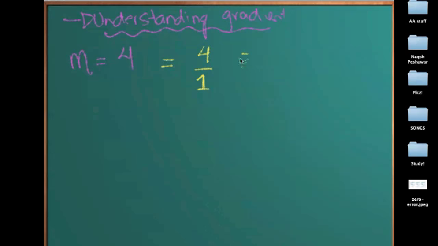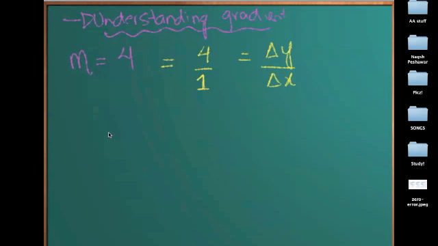So the formula was change in the height divided by change in the length. So this means that for every one unit change in the length, the line changes its height by 4 units. If there is a 1 unit change, the line changes its height by 4 units.